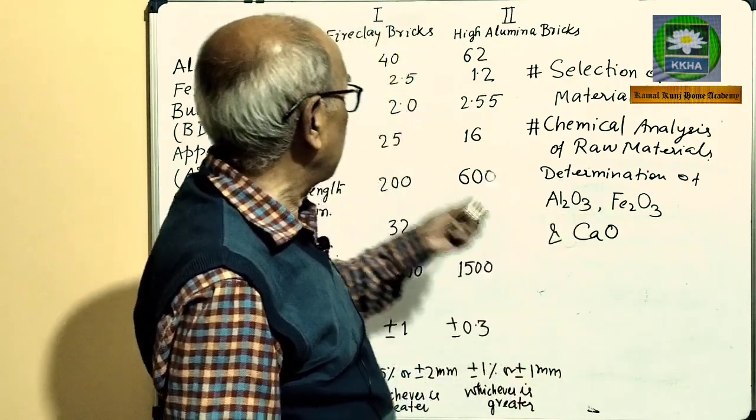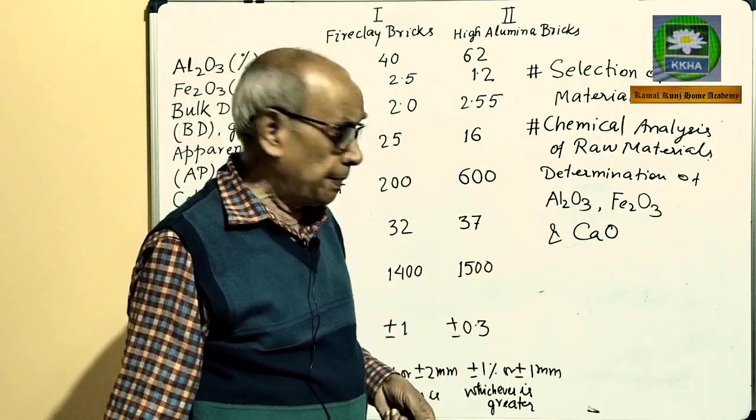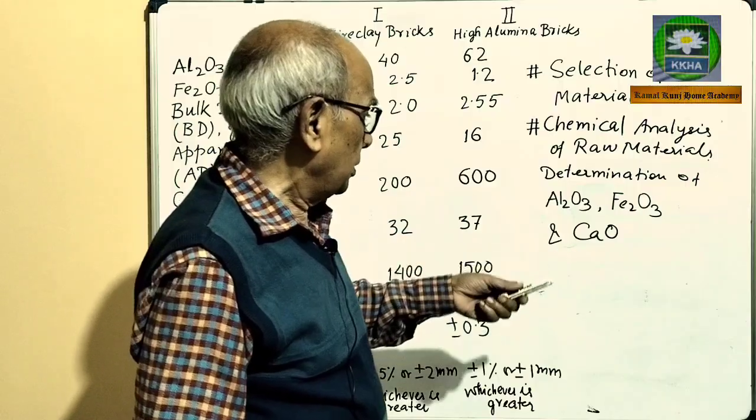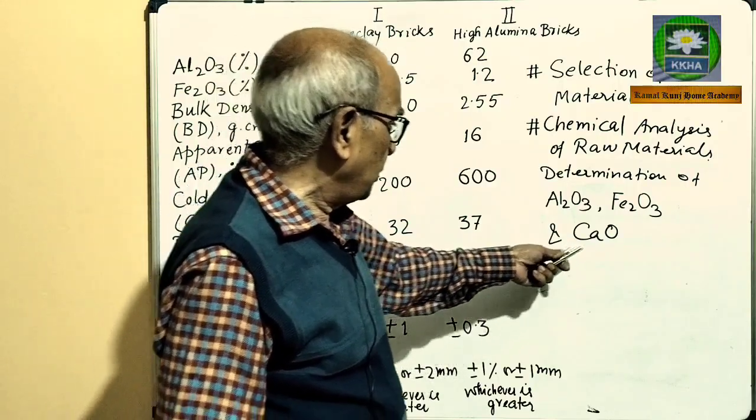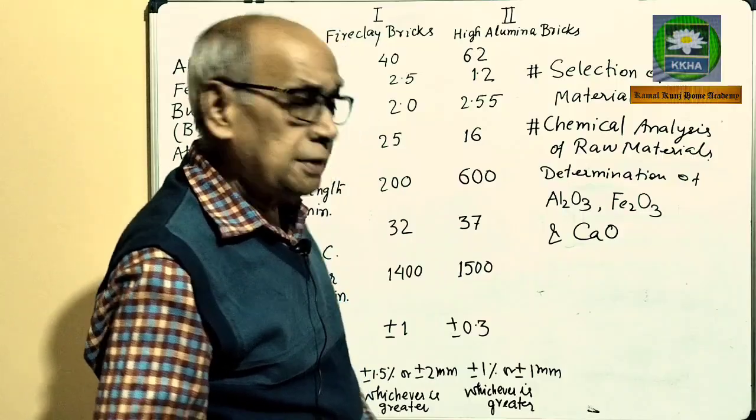Though it is not mentioned in the specification, the CaO content, lime content, is very crucial to know in the raw material. Why?